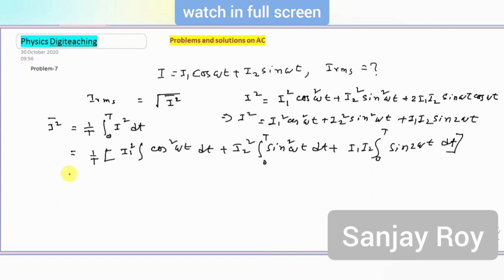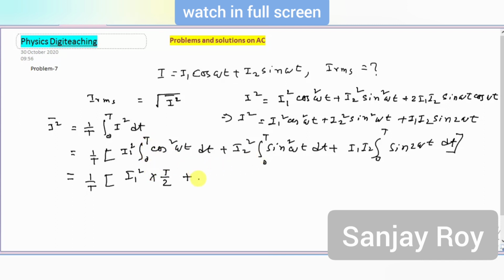It is a very easy integration. 1 by T times I1 square. The integration of any periodic function within the given limit gives T by 2, so the integration of cos square omega t dt gives T by 2. It is very easy to calculate, and for any periodic function the result is the same.